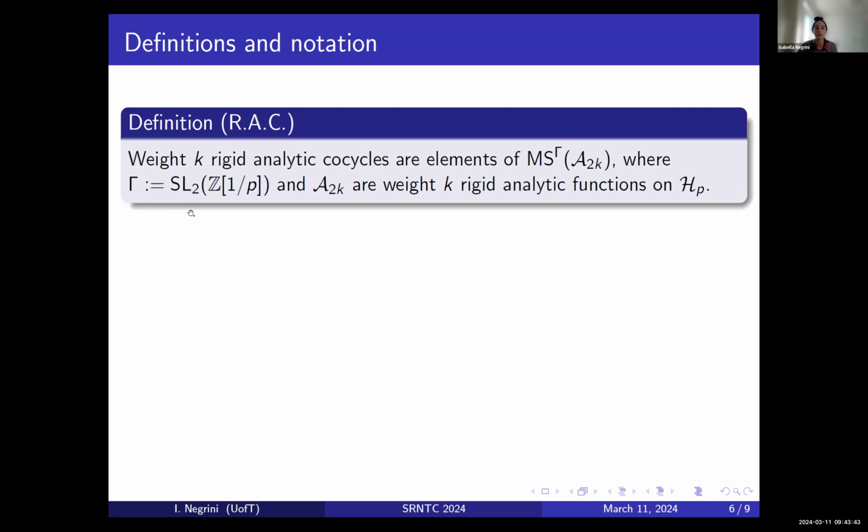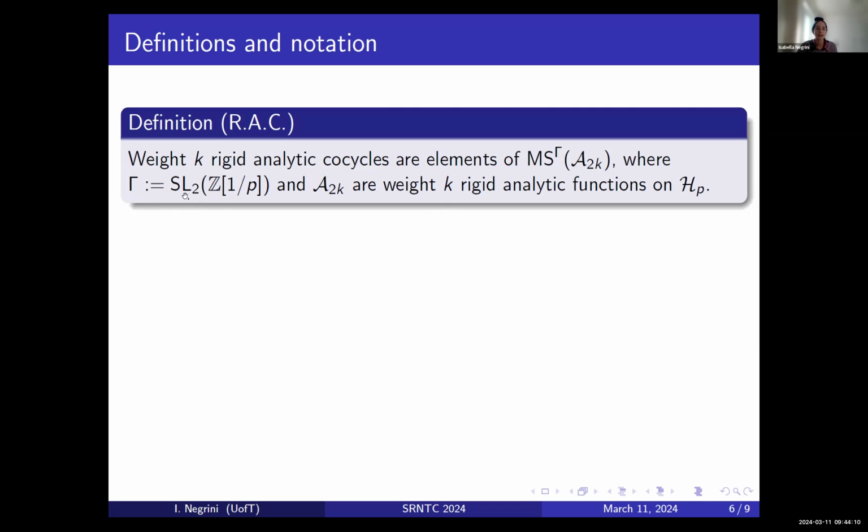These are modular symbols invariant for a certain group, which is defined here, with values in a certain space of functions on H_p. So A_{2k} are the weight 2k rigid analytic functions on H_p. These rigid analytic functions are just an analog of the usual holomorphic functions on the usual upper half plane. And what does weight 2k mean?